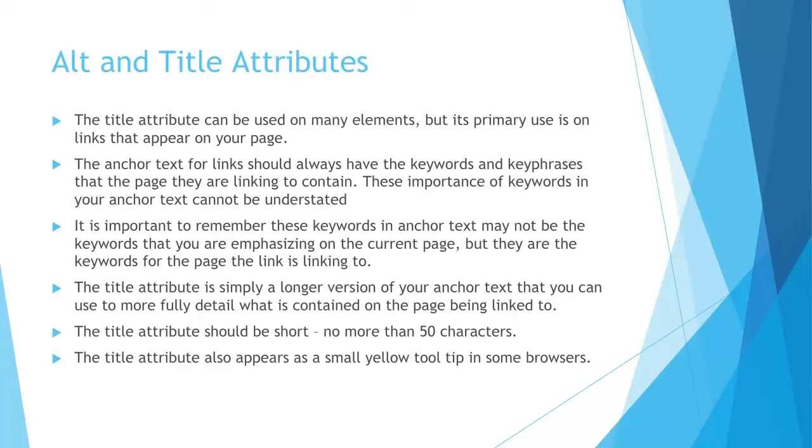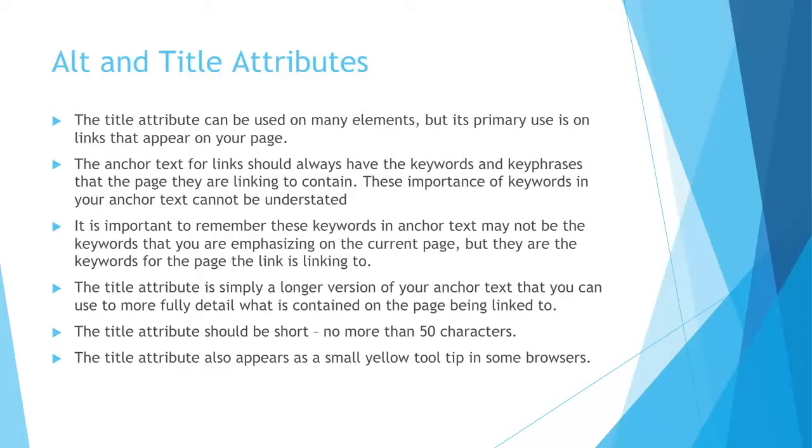for your links. In the case of images that you may be using for your links, like little buttons and symbols and whatnot, you should include the keywords and key phrases in your alt text. And that actually becomes what Google considers the anchor text.